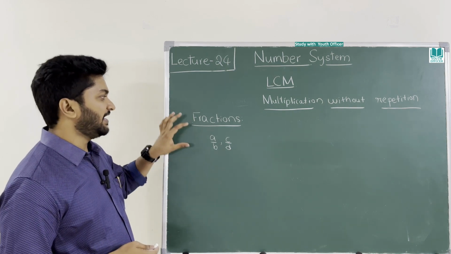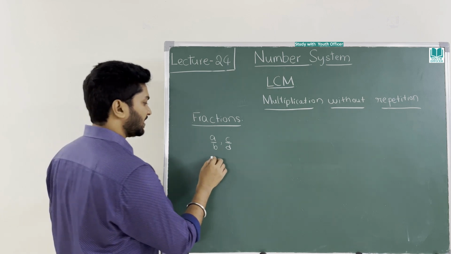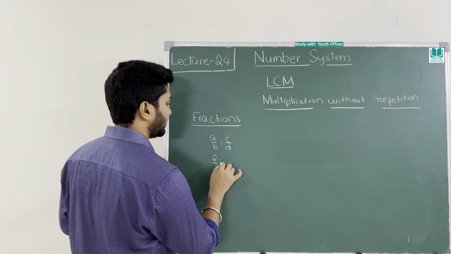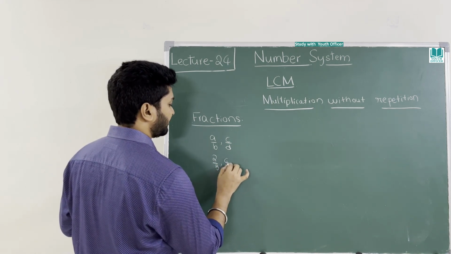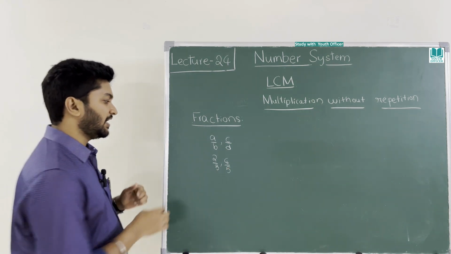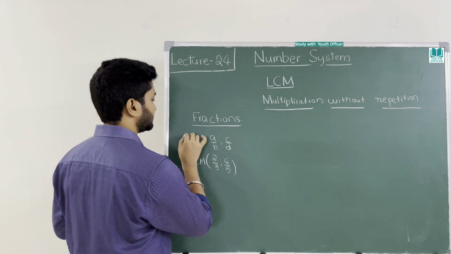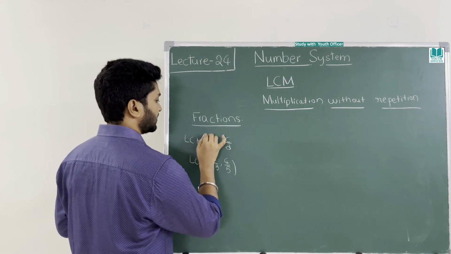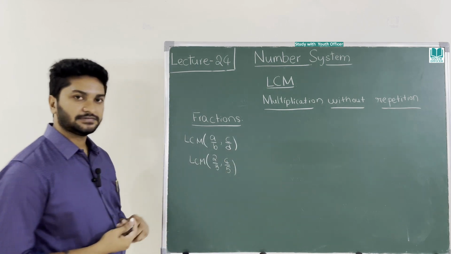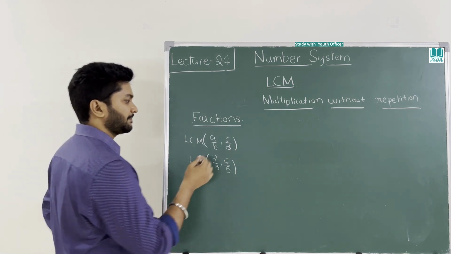We are not finding for numbers, directly for fractions. An example can be like 2 by 3, comma, some 4 by 5. If they ask you to directly find the LCM, and they'll put a bracket like this, how do you find LCM for such numbers?